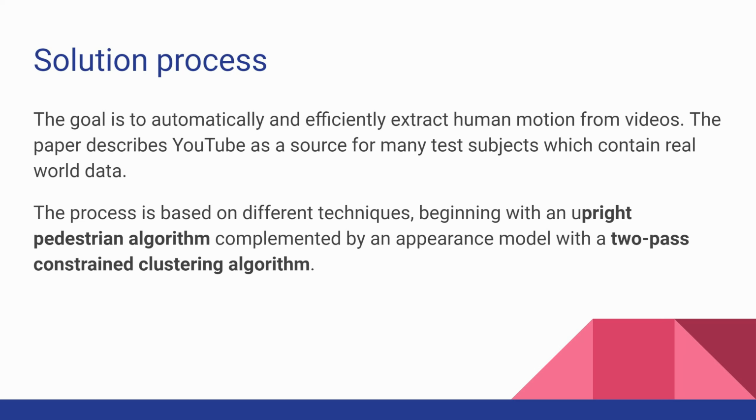The process is based on different techniques, beginning with an upright pedestrian algorithm, complemented by an appearance model with a two-pass constraint clustering algorithm. These are a couple of commonly known algorithms that are used in tracking and clustering of imaging in videos and images.